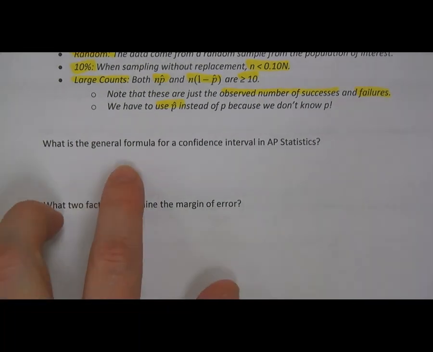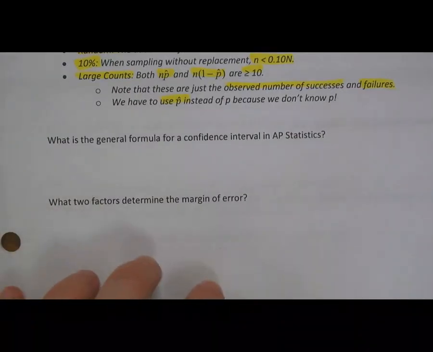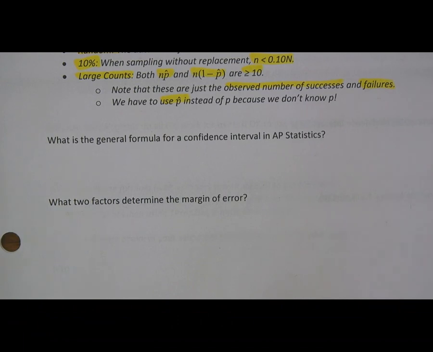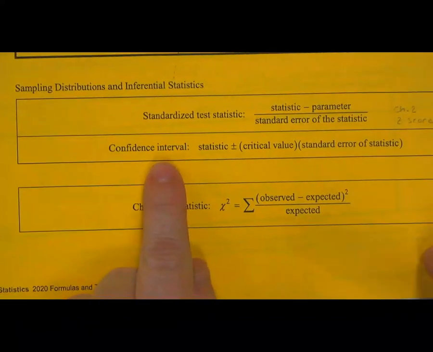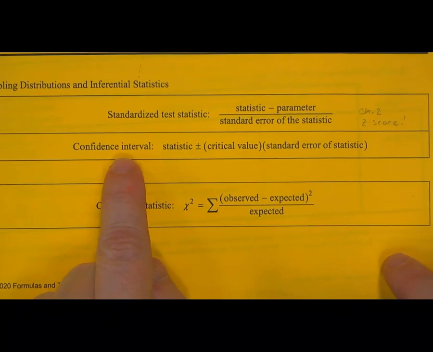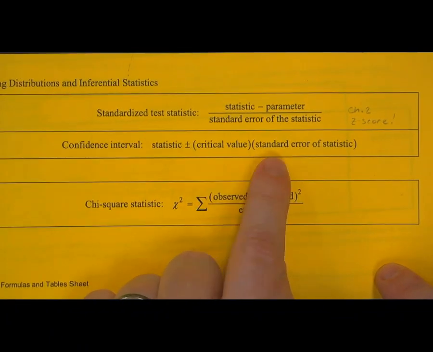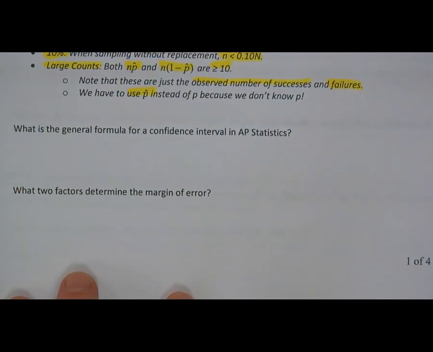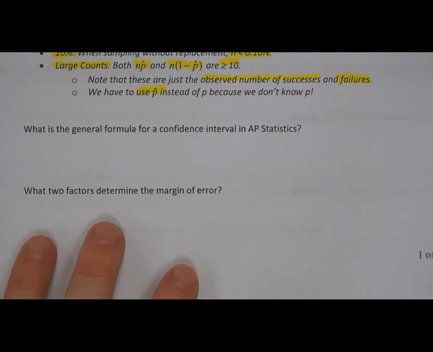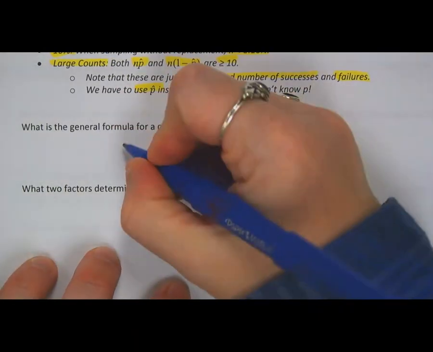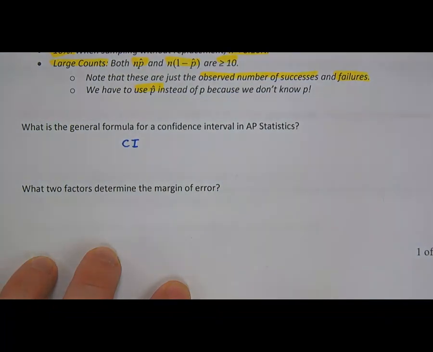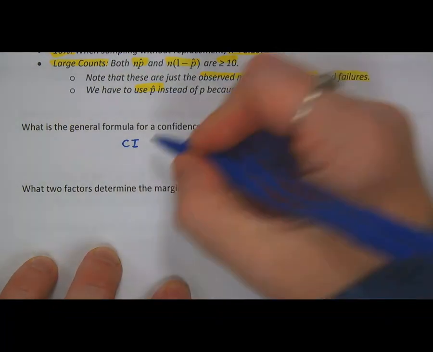So the general formula for creating a confidence interval is the one that I showed you on your yellow sheet just a second ago. We're just going to copy this down. Confidence interval is going to be a statistic plus or minus critical value times the standard error of the statistic. And then we'll label what those things are. I'm going to abbreviate confidence interval for CI.